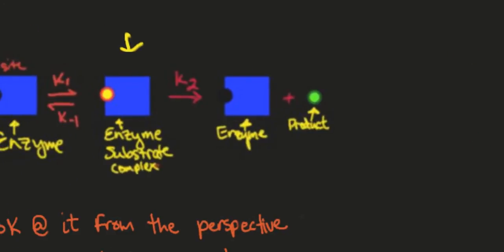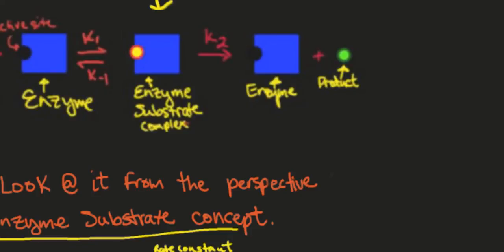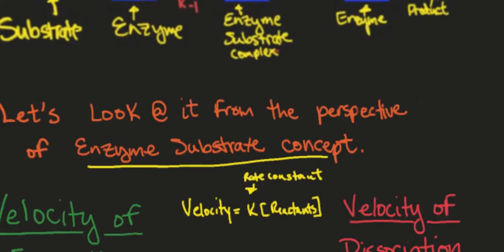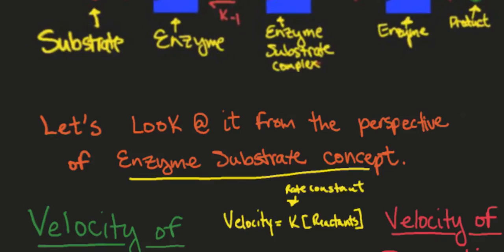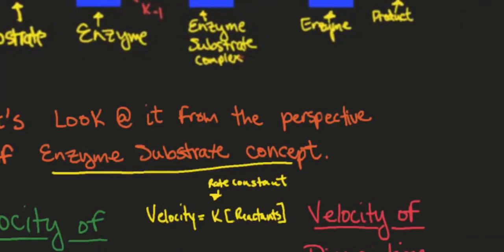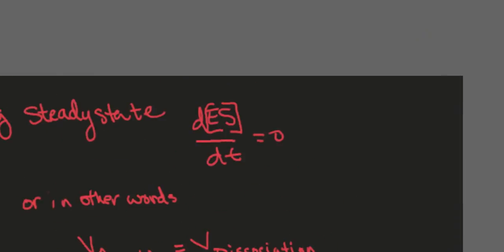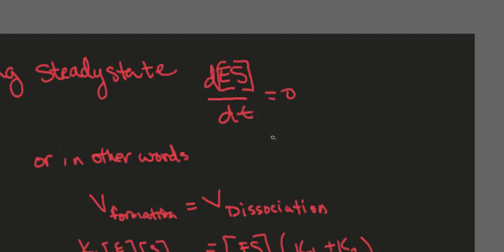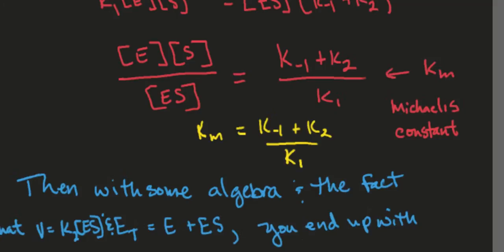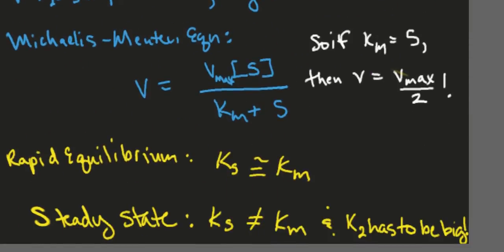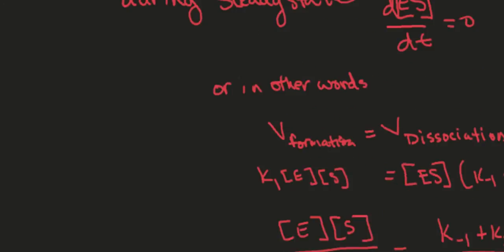A derivative is a rate of change, so that's why the derivative of the enzyme substrate complex is equal to 0. Steady state is also when Km and Ks are not equal, and K2 should be big.